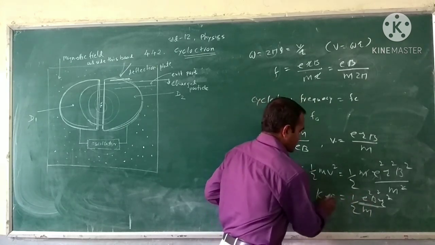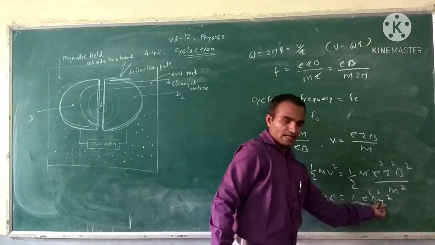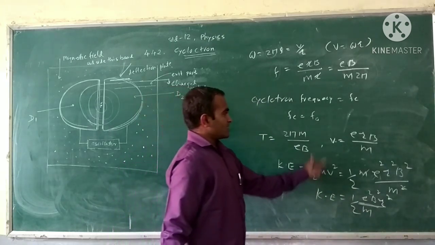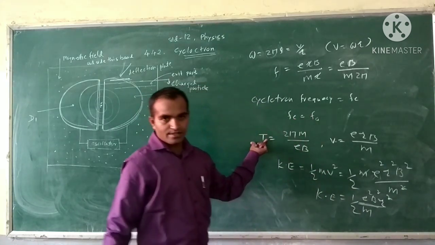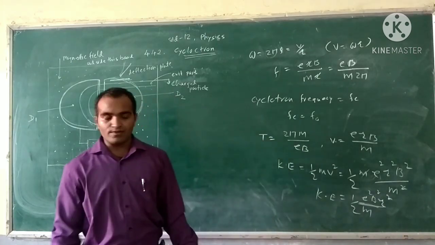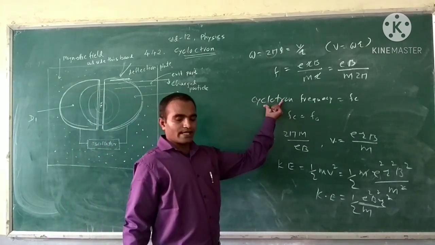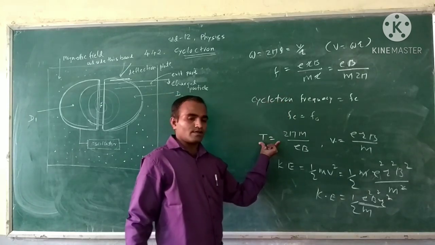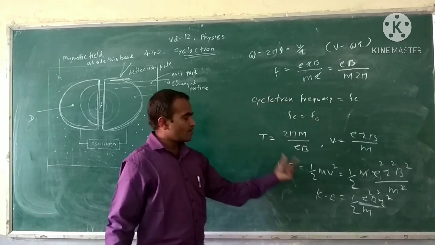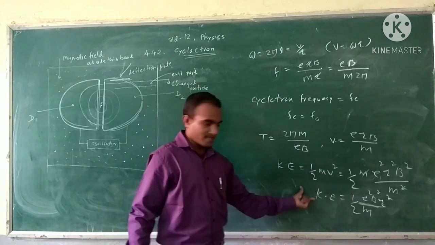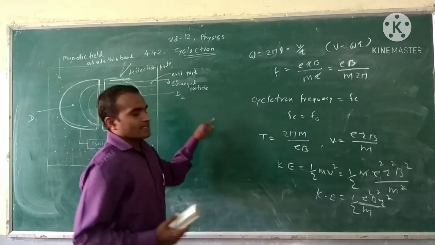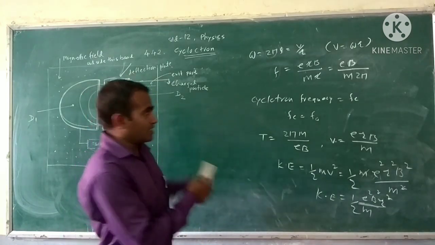Kinetic energy is dependent on R. So we have found here kinetic energy, velocity, momentum, frequency, and time period. You can be asked in exam also to find its cyclotron frequency, or time period, or its kinetic energy. Now we will see how it will work.